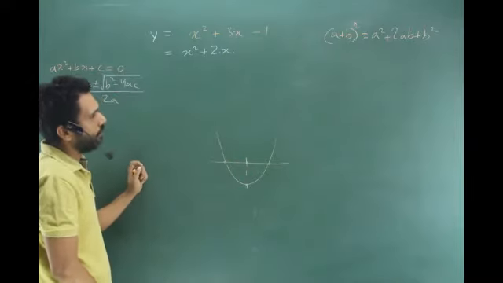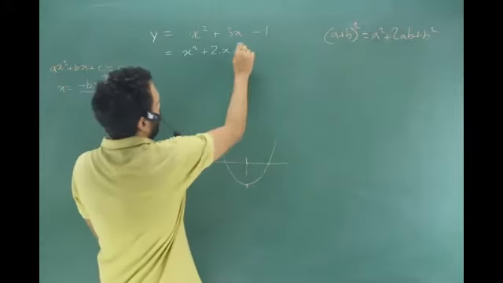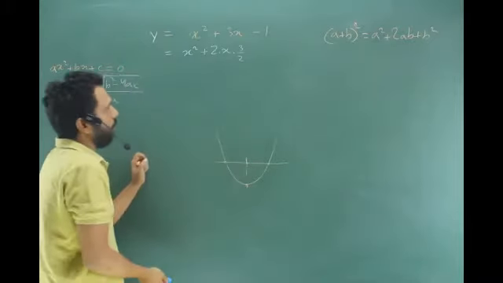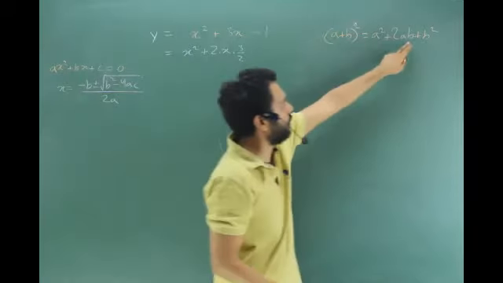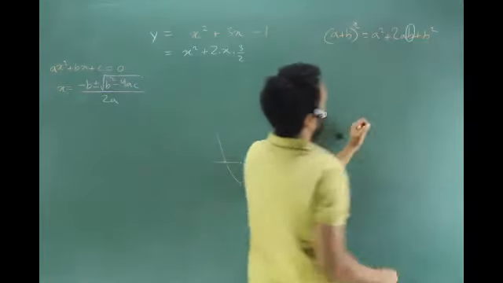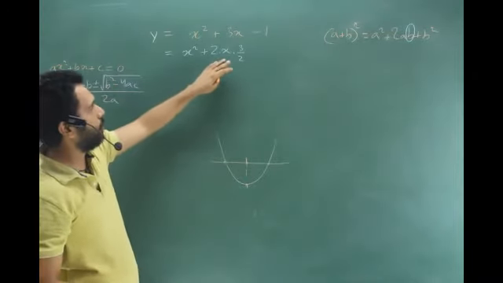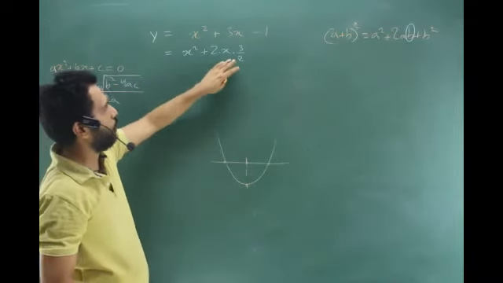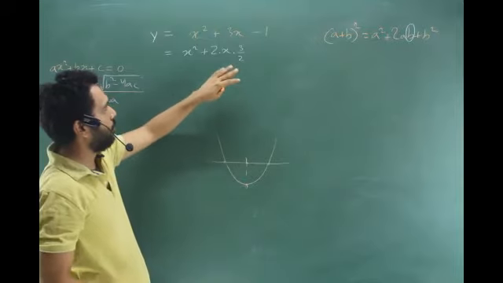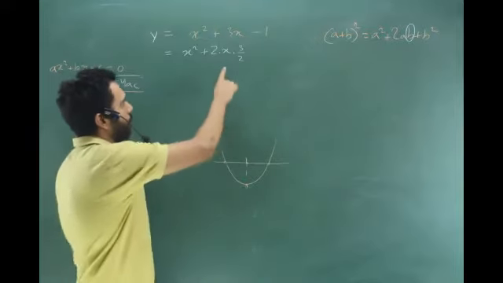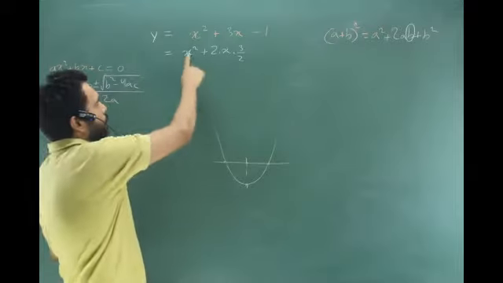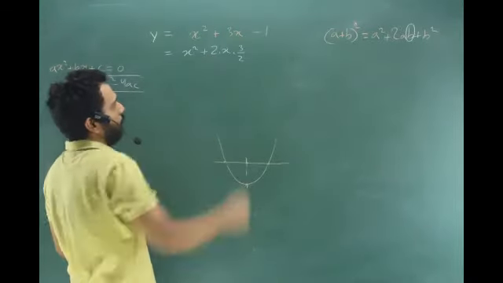Yes, 3 by 2. So this is the major step, that you have identified what your b is. You already had your a, you got your b. Get the point? And don't have these reservations when it is going into fractions. Obviously, we are grown up enough that we can deal with fractions, right? So x square plus 2 into x into 3 by 2. Got the point?